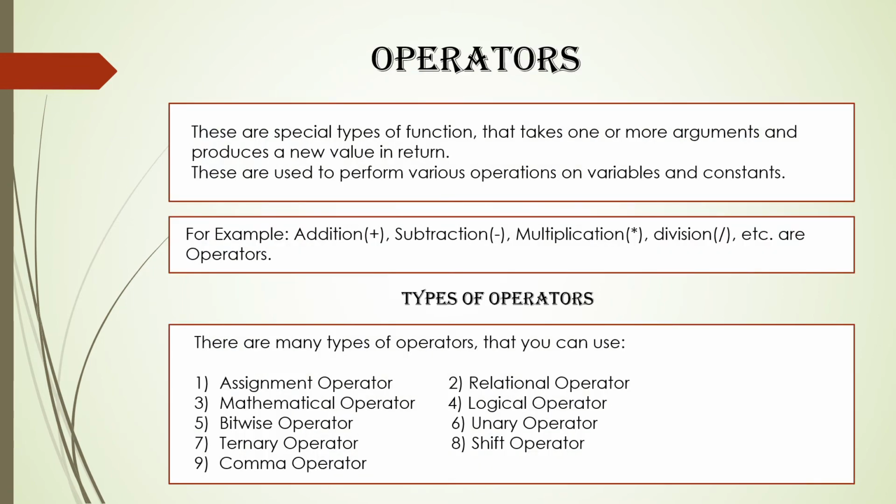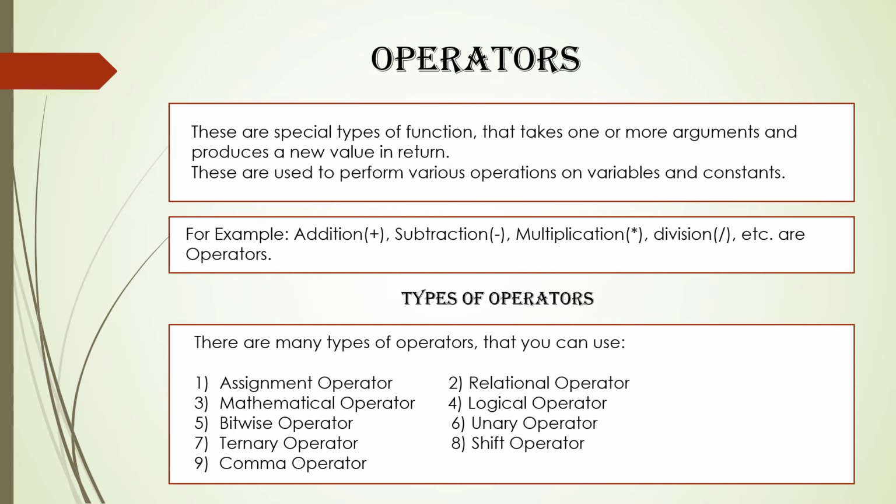So now comes the operators. Operators are a special type of functions which take one or more arguments and produce a new value in return. That is, you can perform various types of operations through this. We know what an operator is. We have already worked with this in doing calculations, etc. The basic operators that we know are addition, subtraction, division, multiplication, and we all know what these operators perform.